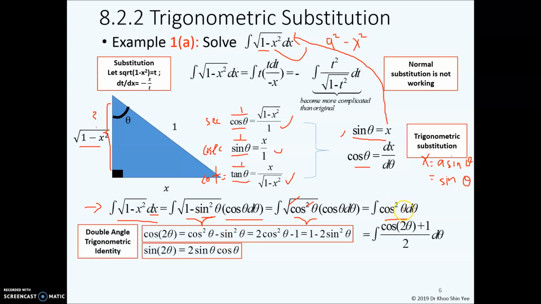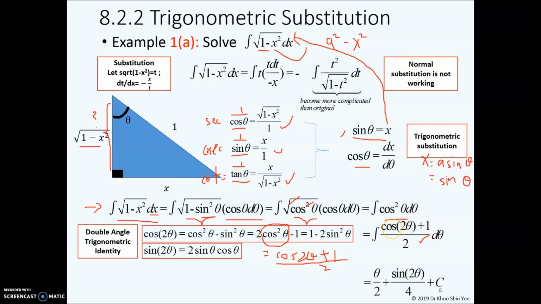So cos squared angle can be simplified into cos 2 angle by using this identity, where you can see that cos squared angle will be equal to, so you move the 1 to the left hand side, cos 2 angle plus 1, and then you divide by 2. Therefore, we can form this.